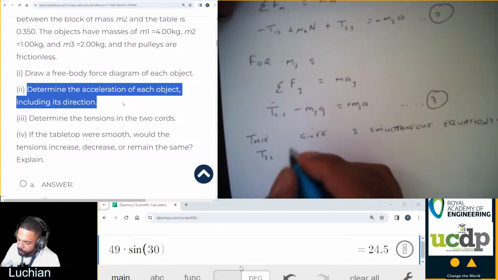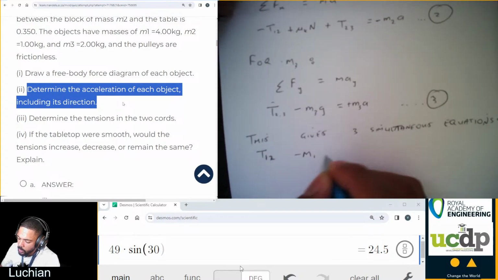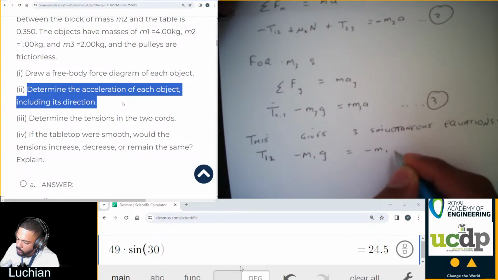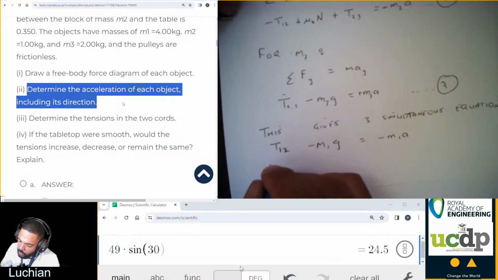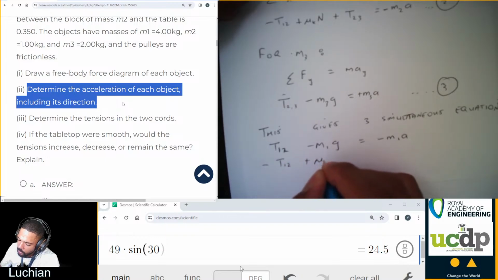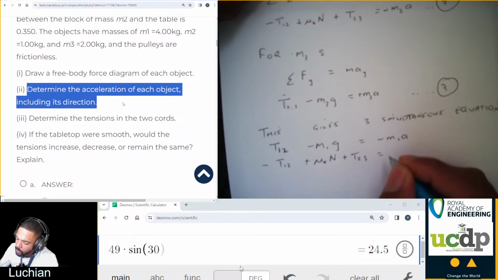T12 minus M1G equals negative M1 acceleration. The next equation is negative T12 plus mu k N plus T23 equals negative M2a.